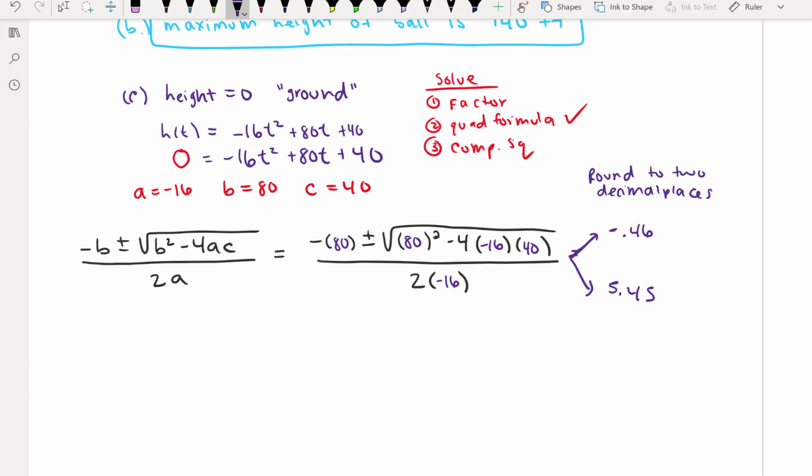So this is representing my seconds, because that is the time, my t variable that I have. So can I ever have negative time? No. I can't have negative time. It's not possible to go back in time. So time can only be positive.